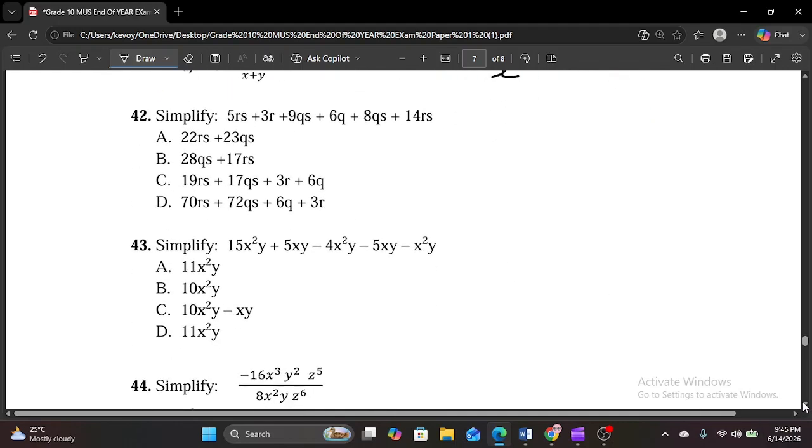All right, so we're asked to simplify. So let's simplify them. If we're going to simplify these, then all we have to do is group our like terms together. So we're going to first group our like terms. Let's see, our rs first.